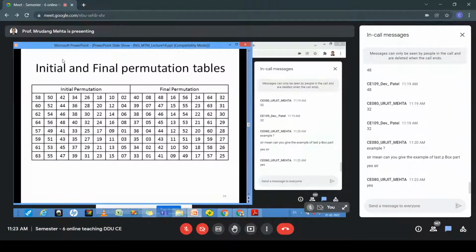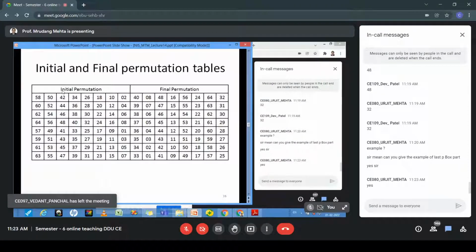So what is this initial permutation and what is the final permutation? These two blocks are given. So this is 1, 2, 3, 4, 5, 6, 7, 8, an 8 cross 8 block. That results in 64 bits.